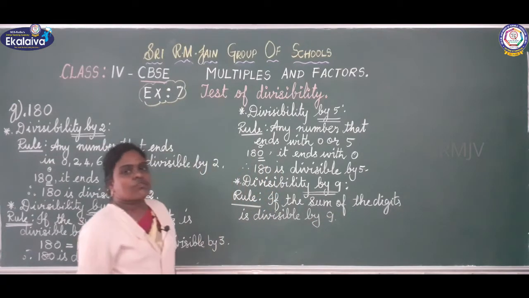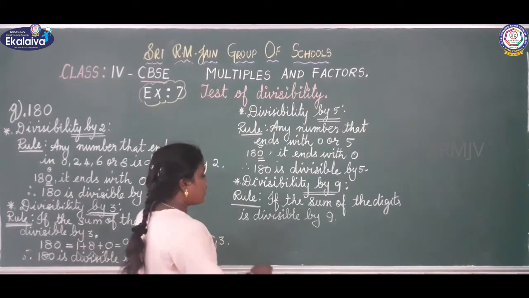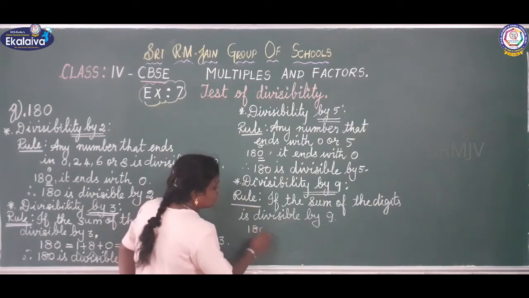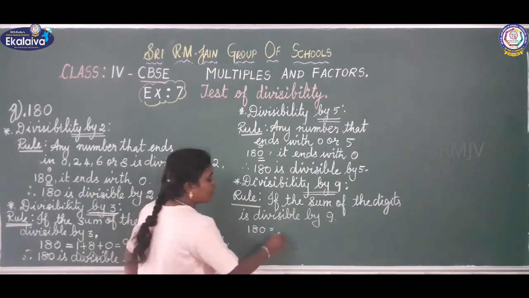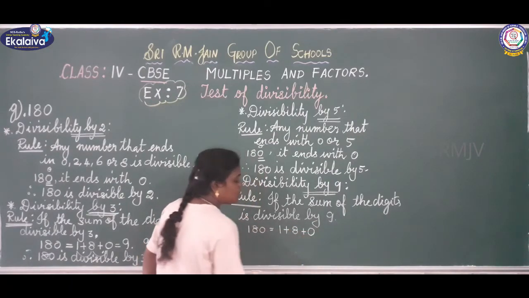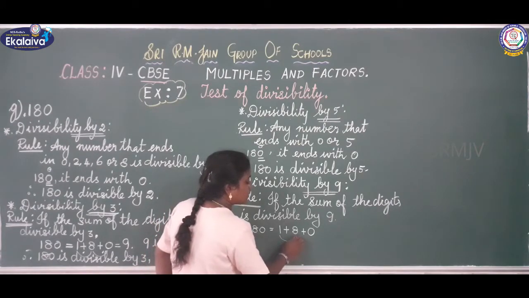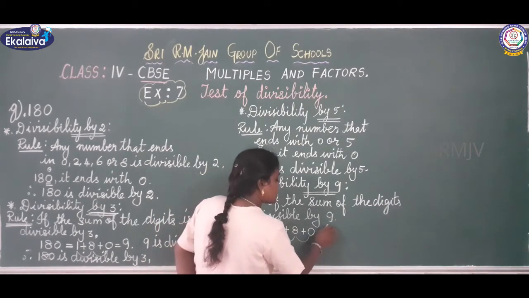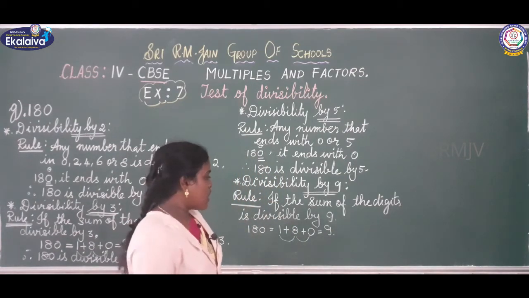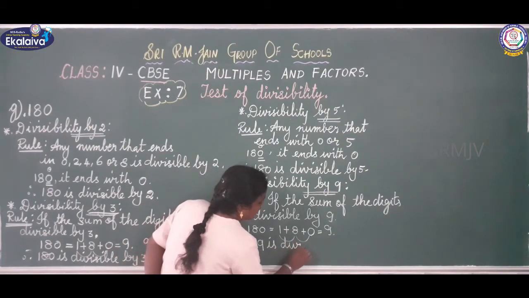So here we need to find out the sum of the digits. 180 is the given number. 1 plus 8 plus 0. 1 plus 8 is 9. 9 plus 0 is 9. So 9 is divisible by 9.